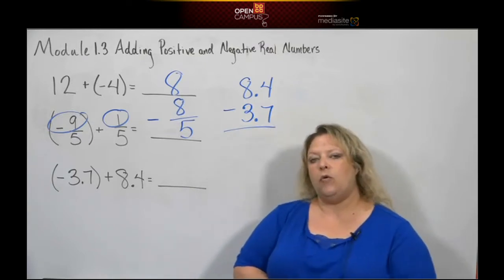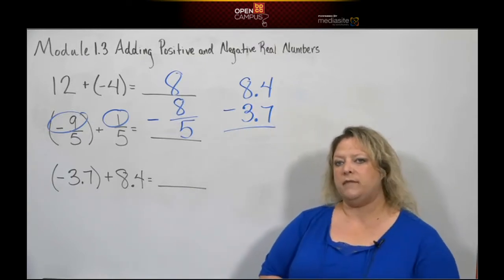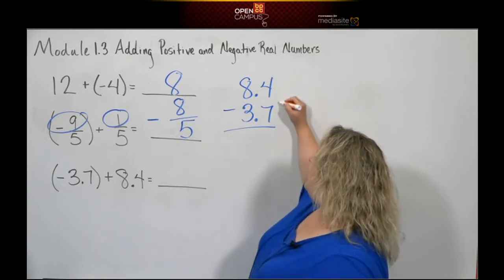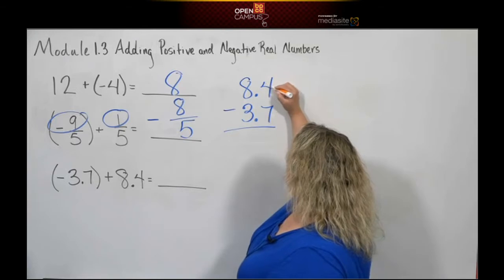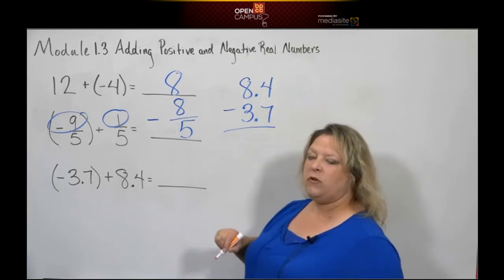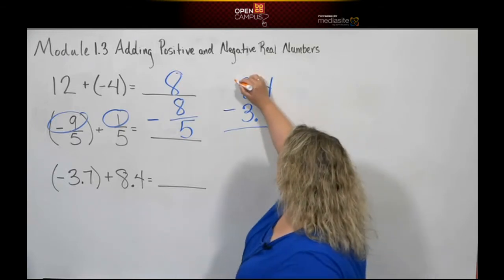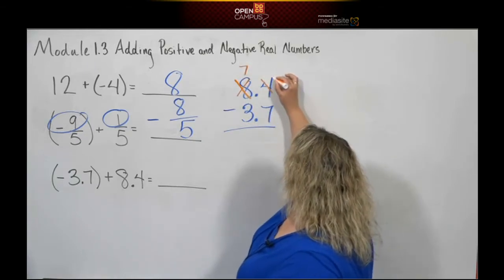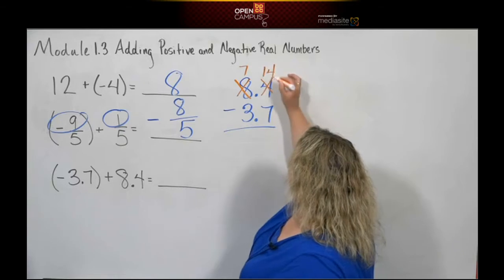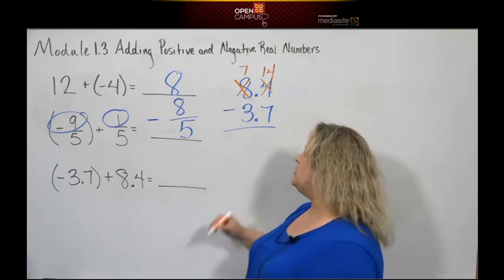And then in order to subtract decimals, what do you have to do? Sometimes we have to do that borrowing or regrouping. So we can't take 7 away from 4, so what do we have to do? Regroup. And rename this 8 as a 7 and rename this as a 14.